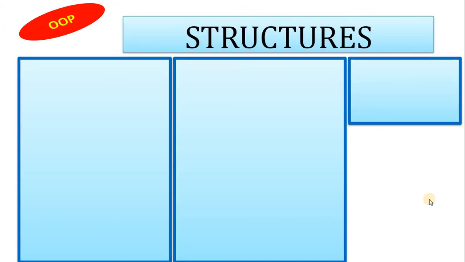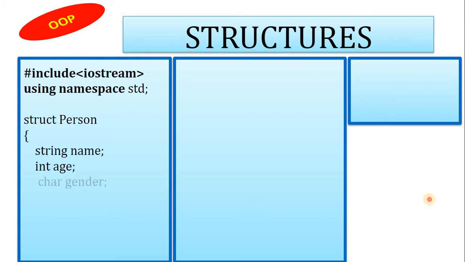So basically we have gone through the structure and seen how a structure has to be defined and declared. After the declaration of a structure, we complete it using the closing brace and semicolon, and inside the main function we create a structure variable like p1 and access the members of the structure using that variable, that is, access the member name, age and gender through the p1 structure variable.